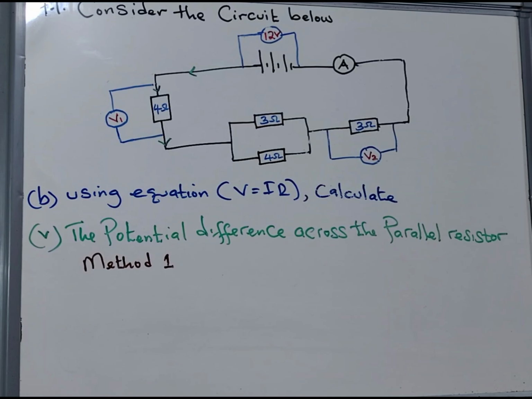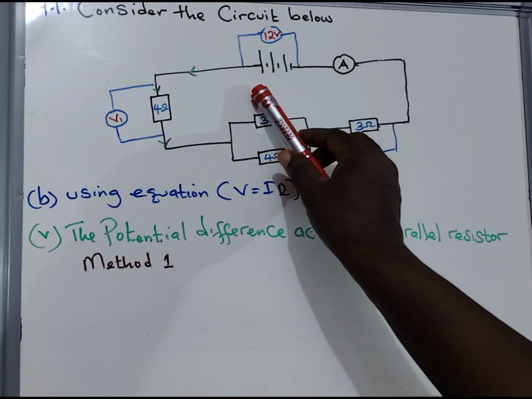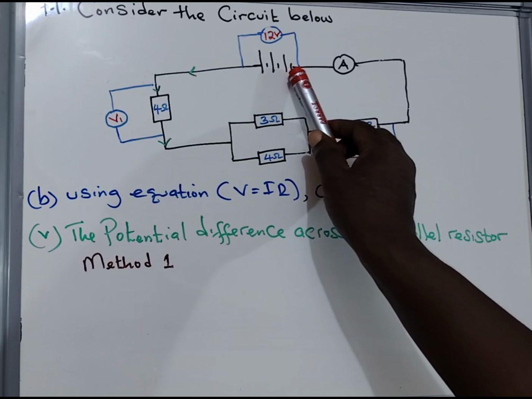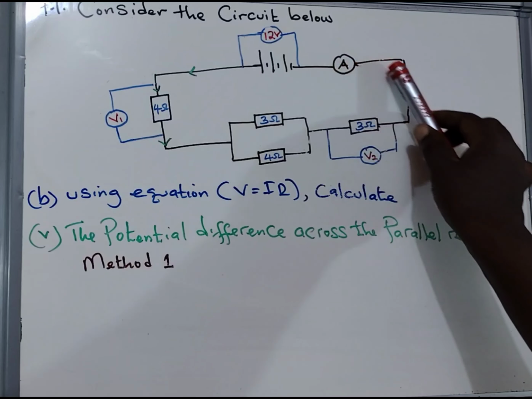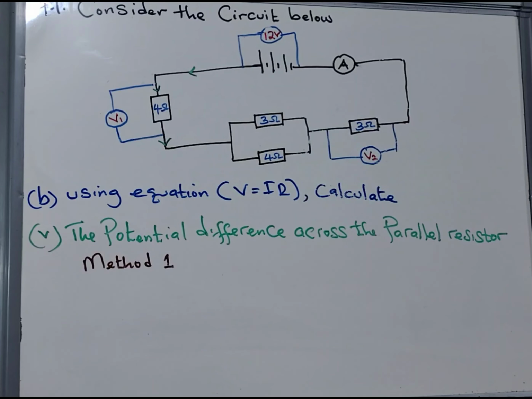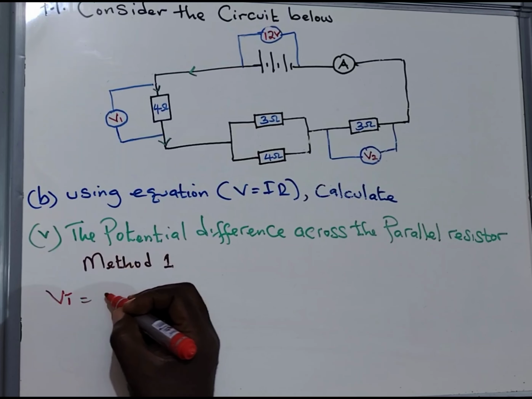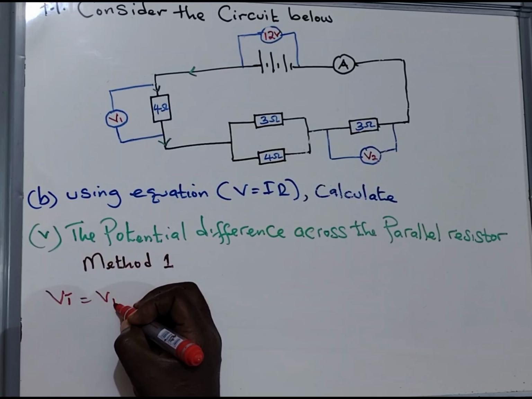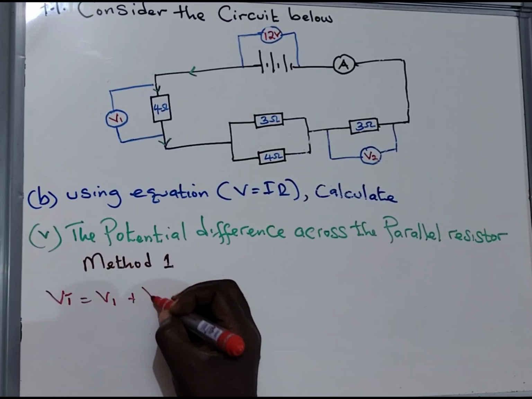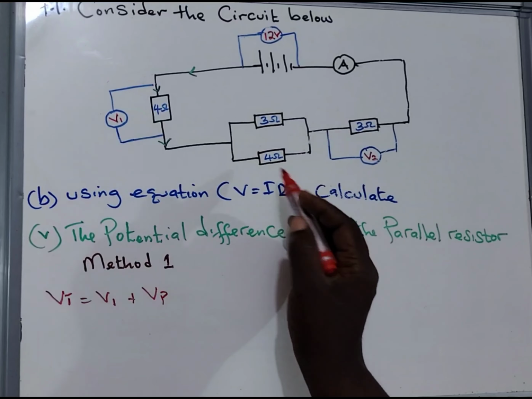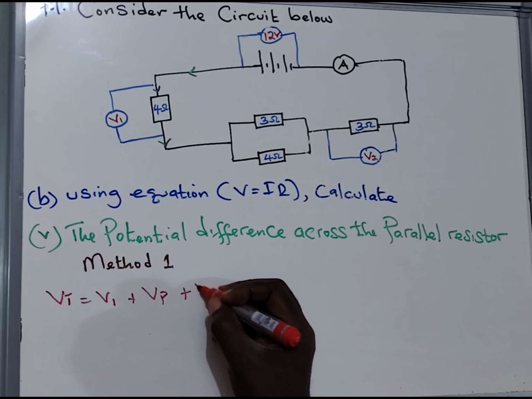Method one simply says that V terminal, which you call V total, is spread all over these resistors. So that one leads us to this equation that V terminal is equal to V1, implying the PD across here, plus VP, implying the PD across the parallel network, plus V2.